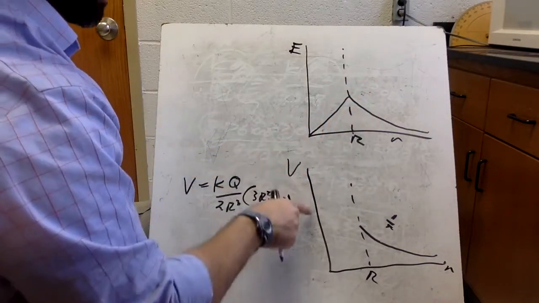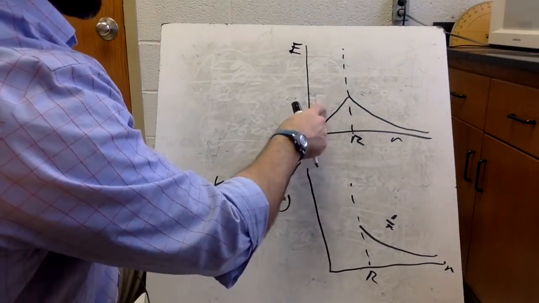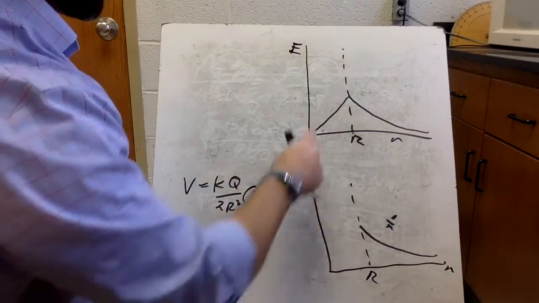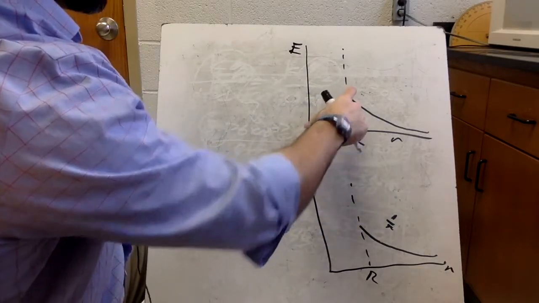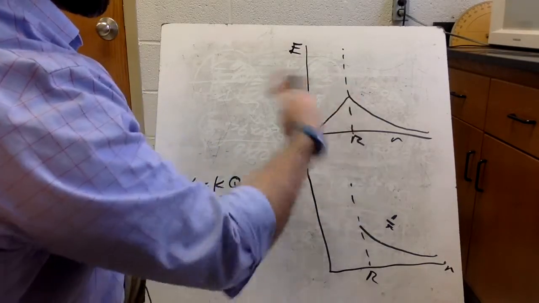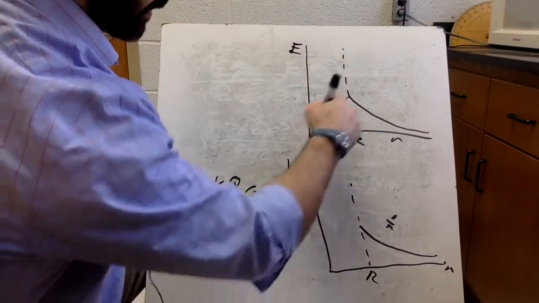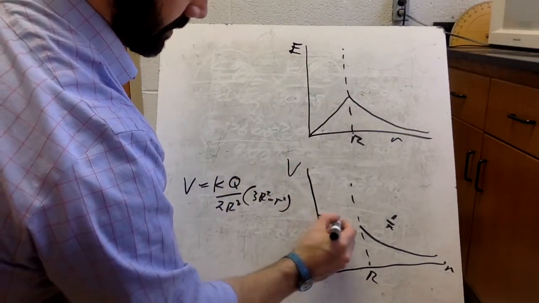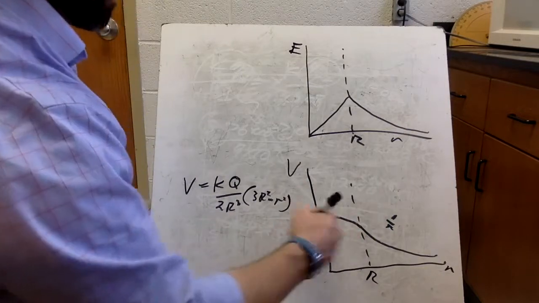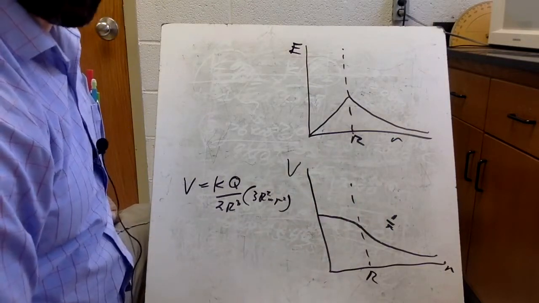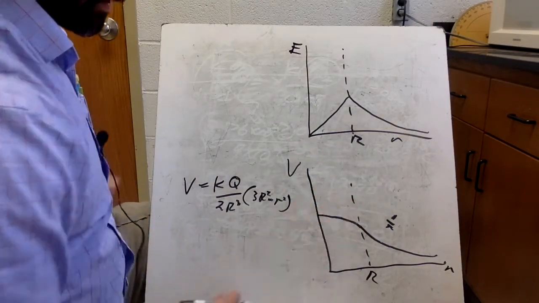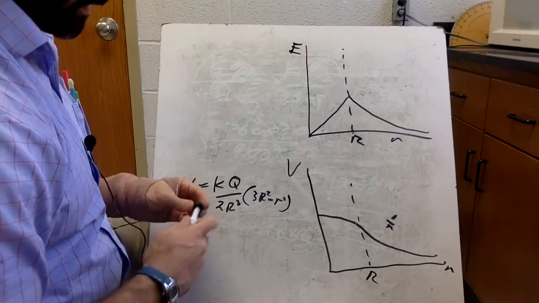But remember, the electric field is the negative derivative of this, right? So this means that the slope is getting larger in value, but negative, so it's getting steeper in the negative direction. So this graph looks like that. That's what the electric potential looks like on the inside of a uniformly charged spherical insulator.